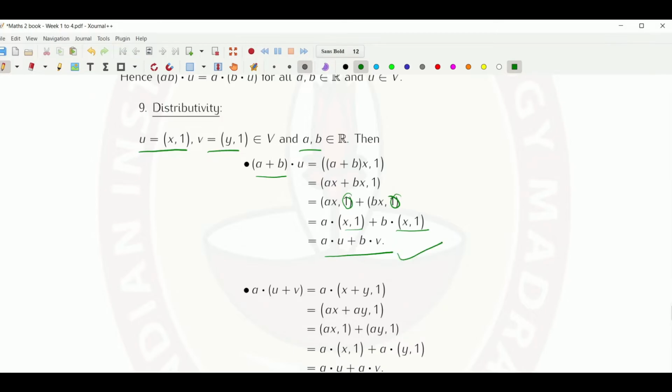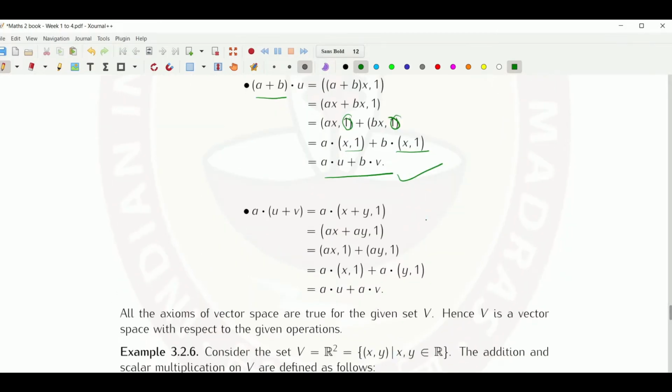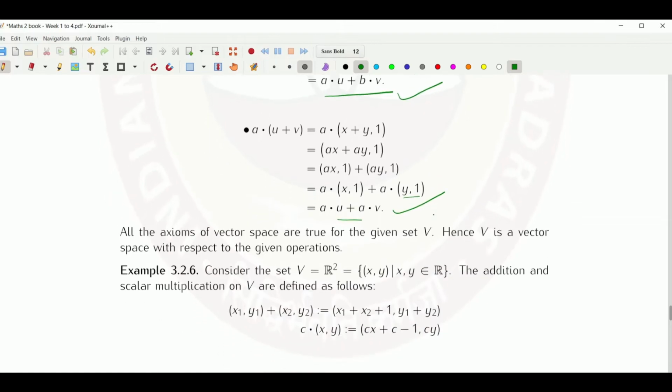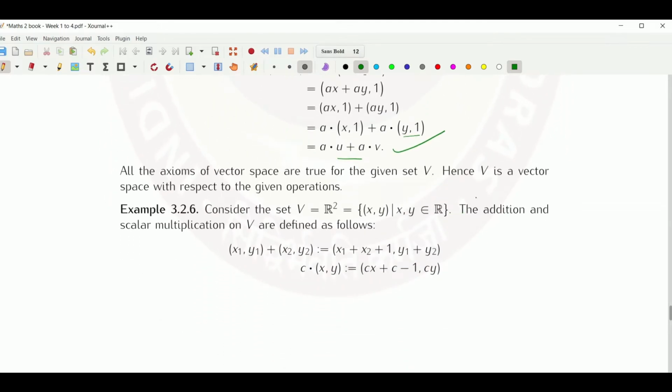It is also correct. a dot (u plus v) is equal to a dot (x plus y, 1), which is (ax plus ay, 1), (ax, 1) plus (ay, 1), a dot u plus a dot v is also okay. All the axioms of vector space are true for the given set V. Hence V is a vector space with respect to the given operation.